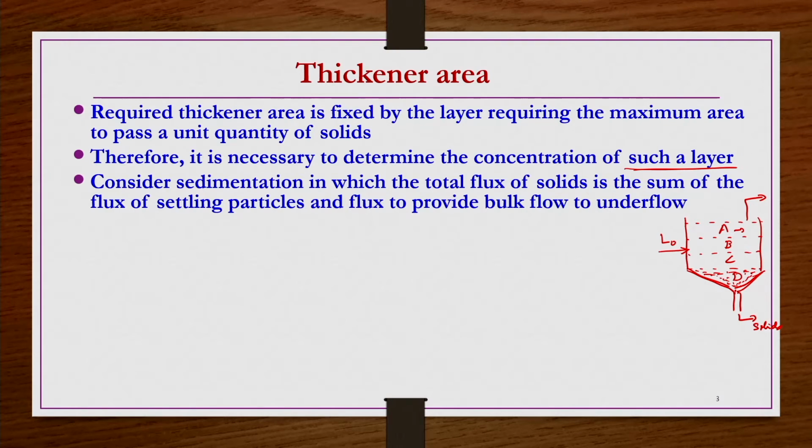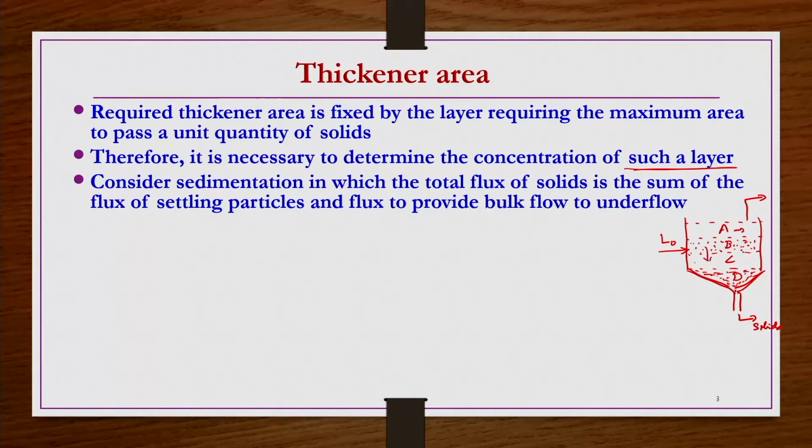So, now what happens from each layer? Let us say A is almost clarified liquid. B has some solids of concentration same as the initial uniform concentration C naught, and C is a transition zone having a different concentration.